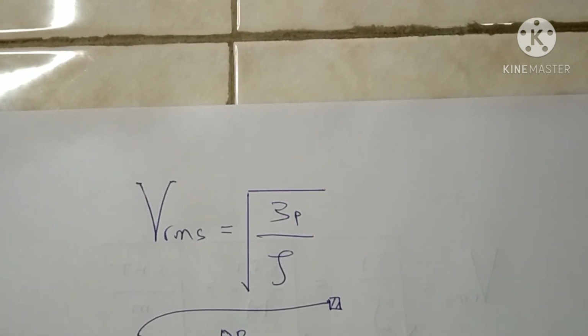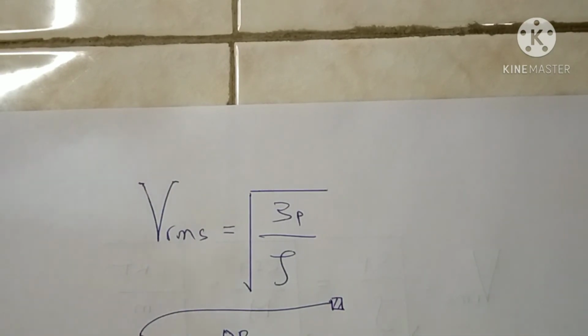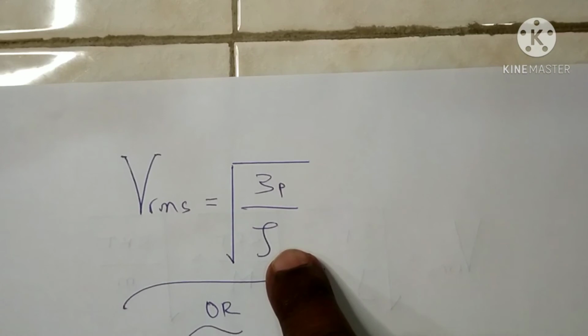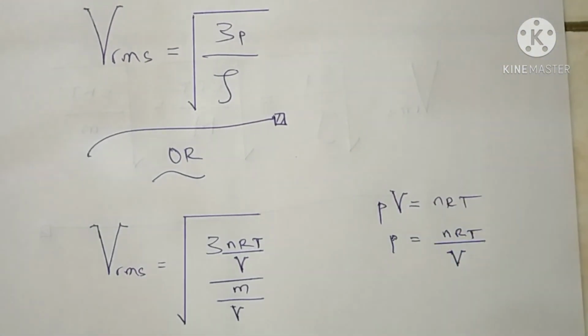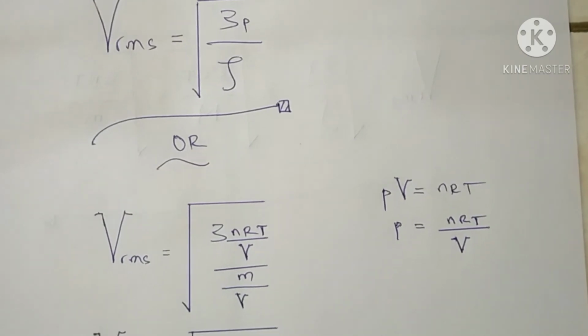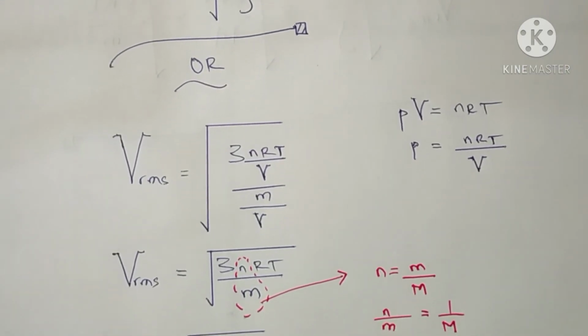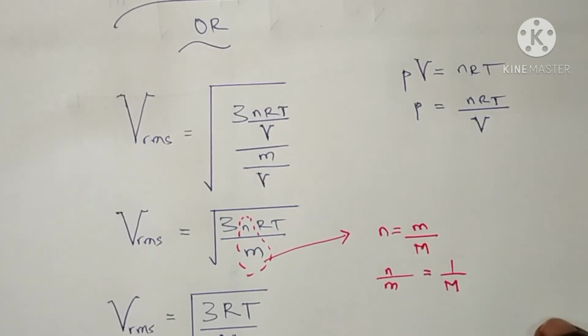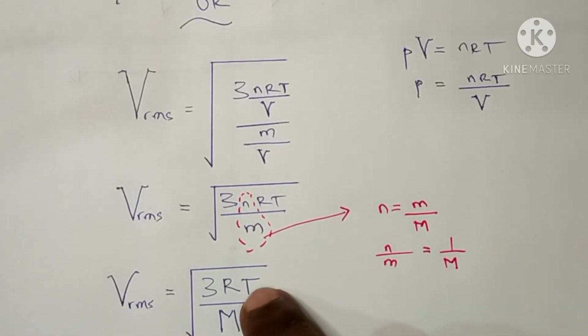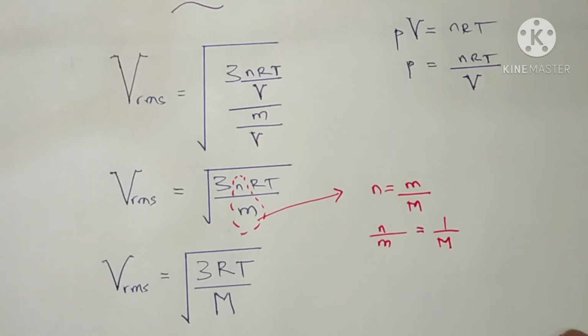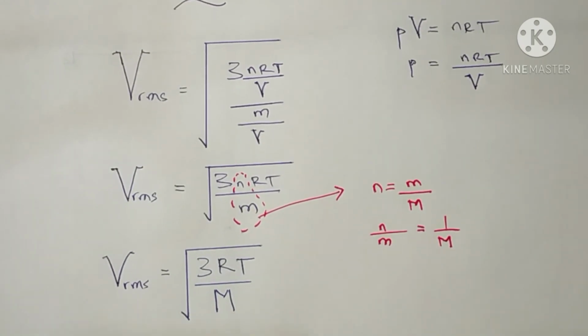We have two options to find the root mean square speed of molecules. By relating this formula with the ideal gas equation, we get VRMS equals the square root of 3 times the molar gas constant times the absolute temperature divided by the molar mass.